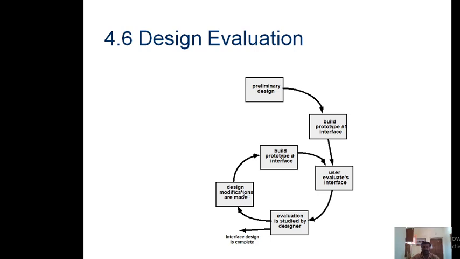In that, we modify the prototype in the manner required by the user. Then again, the prototype is built and passed to the user and designer. Whenever you get the complete picture of your design, the evolution goes on in this manner. So this is the concept of design evolution.